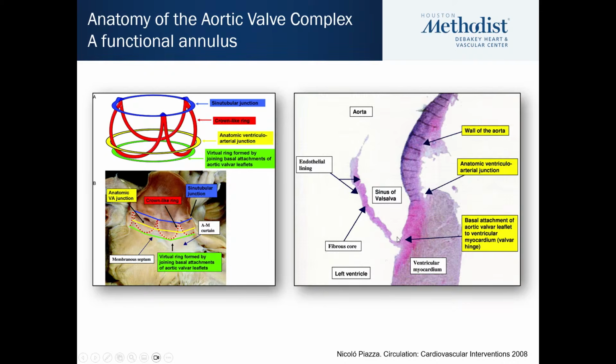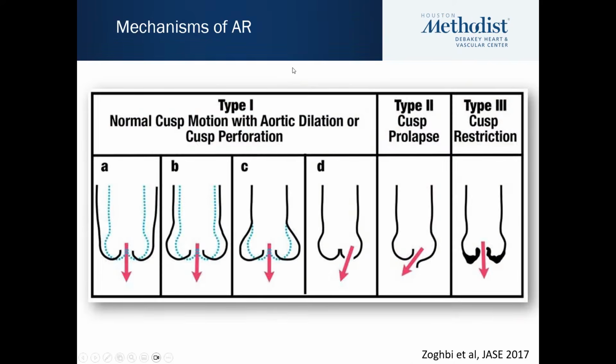When it comes to AR, you can have abnormalities of the leaflets as well as the annulus level, and then importantly also the wall of the aorta as well as the SCJ. All of these components can become abnormal or deranged and contribute to development of AR. And many patients, as you'll see, will actually have multiple etiologies for AR, so it's not just one single cause.